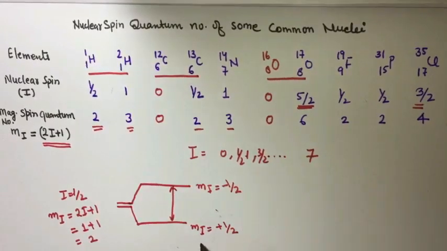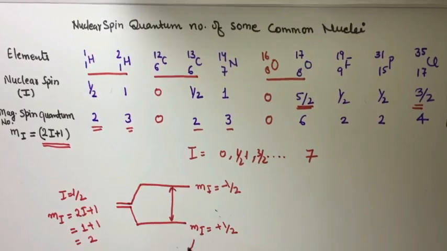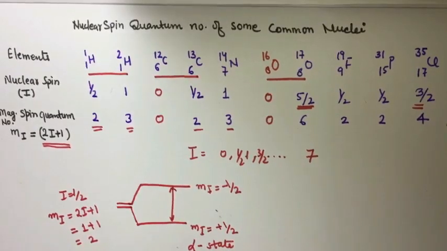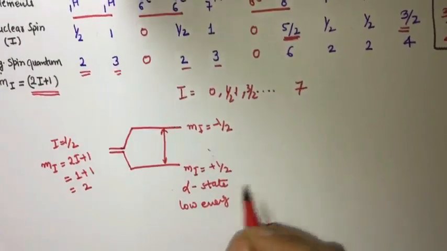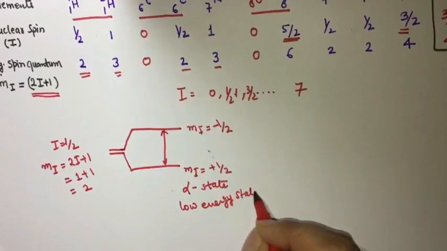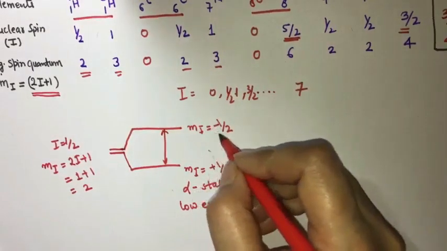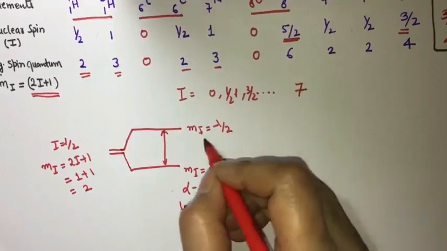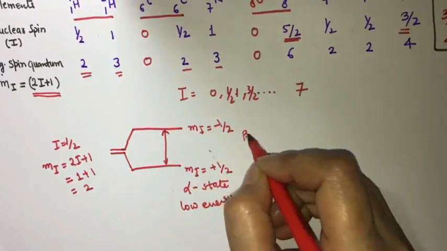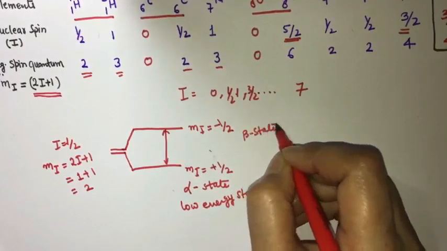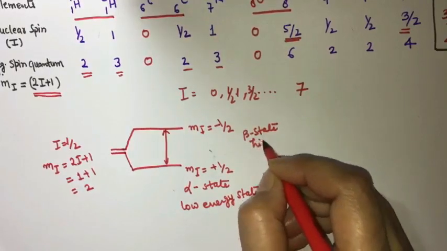This plus half state is also known as the alpha state, and this is the low energy state. This MI equals minus half is also known as the beta state or high energy state.